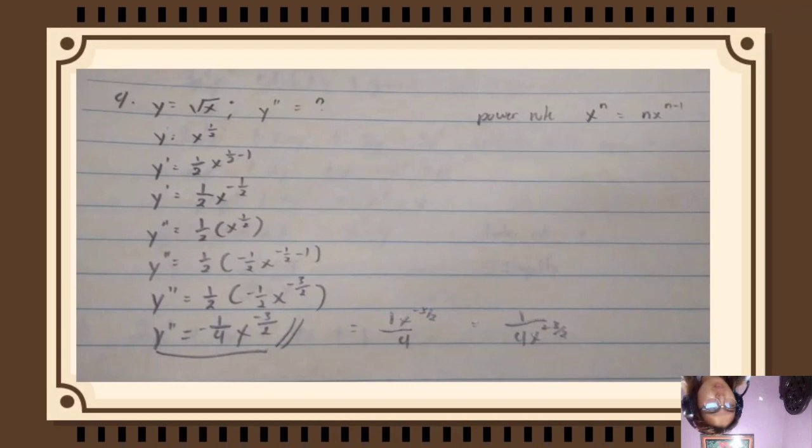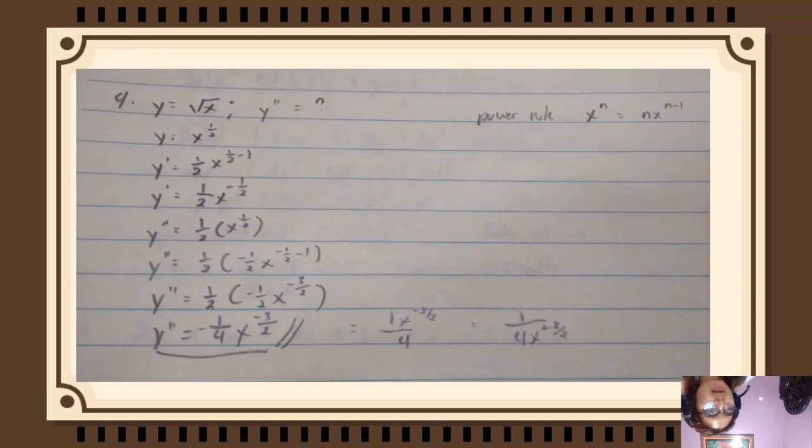Pwede pa natin ito i-simplify. 1 x raised to negative 3 over 2, all over negative 4. Basta yan siya.